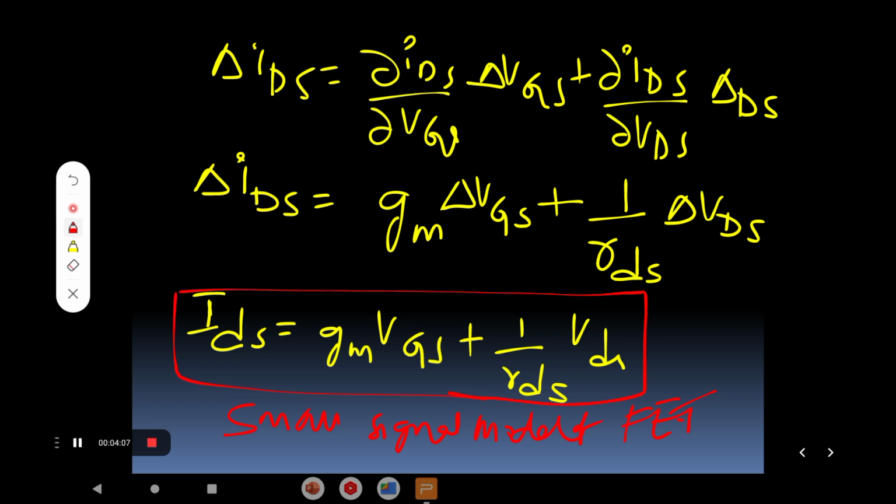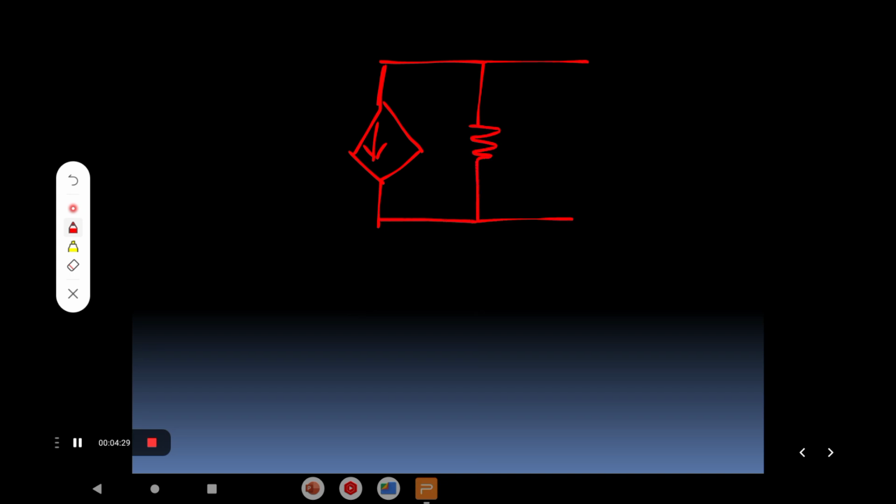So the total IDS value is equal to GM into VGS plus VDS by RDS, right? So this resistance is equal to 1 by R naught. So this current is equal to IDS.